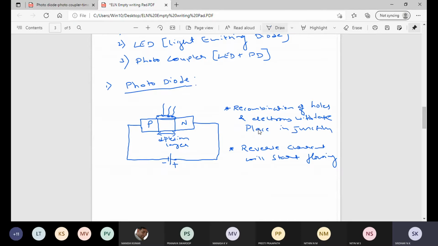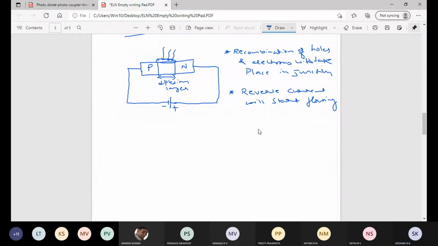If you see the characteristics, it looks like this. This is light intensity, that is luminous, and this is current I, that is reverse current. Reverse current will be in microamps.